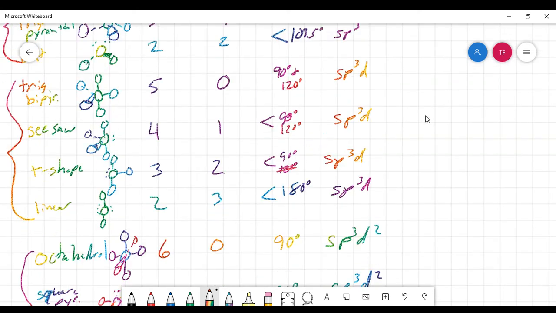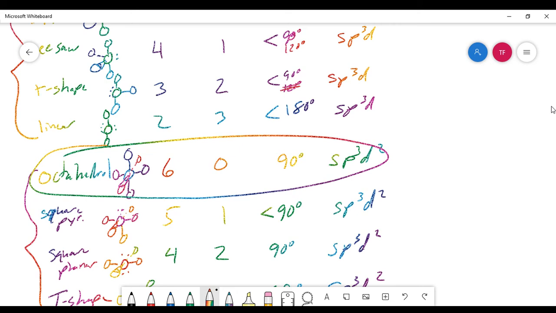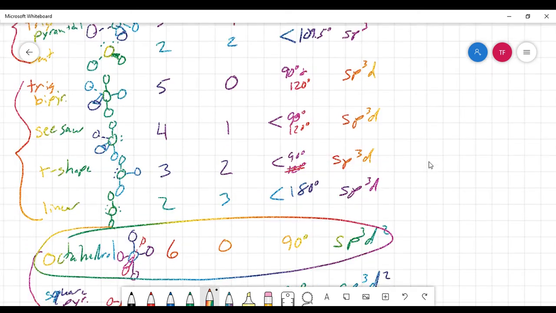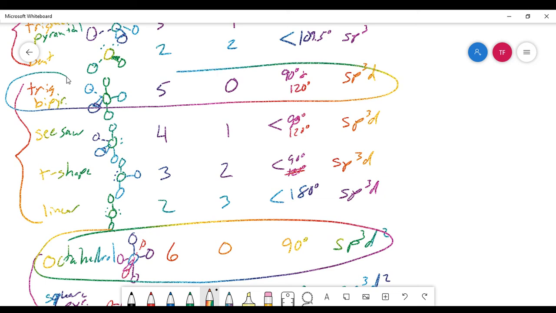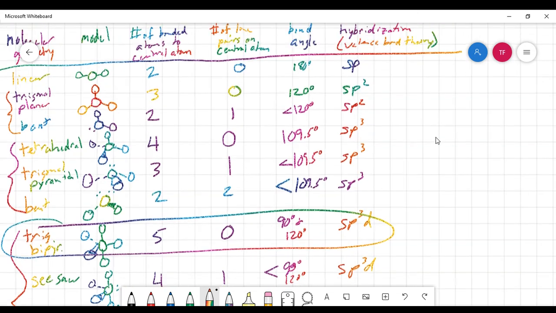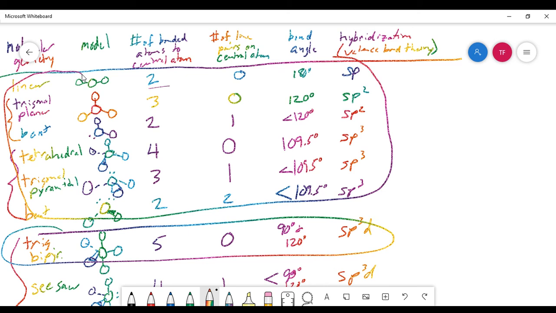The most important ones you need to know in these structures are definitely the octahedral. You definitely need to know trigonal bipyramidal, because that's another common one that you'll run across a bit. And then you need to know everything smaller than that, because everything else are very common structures that you'll see over and over and over again. So all of these are the most important that you need to know.